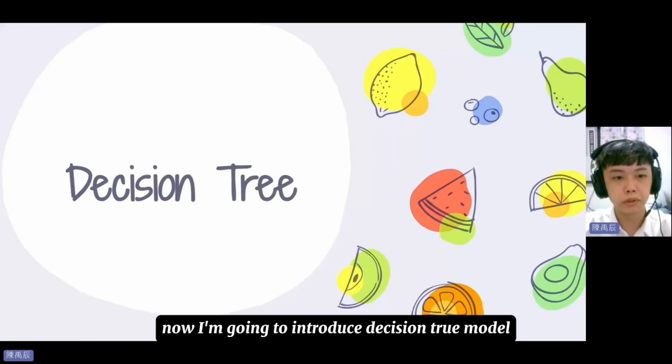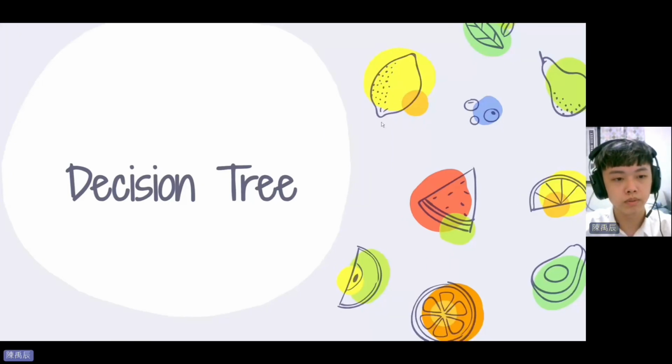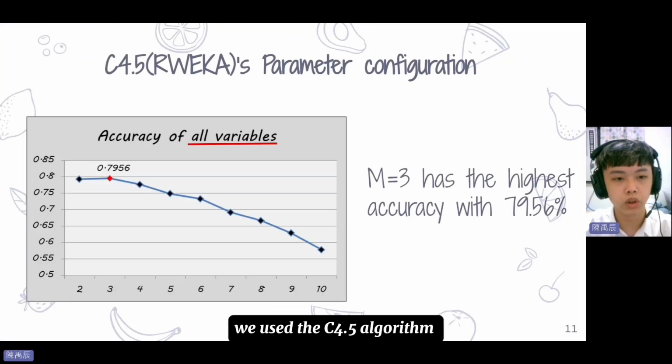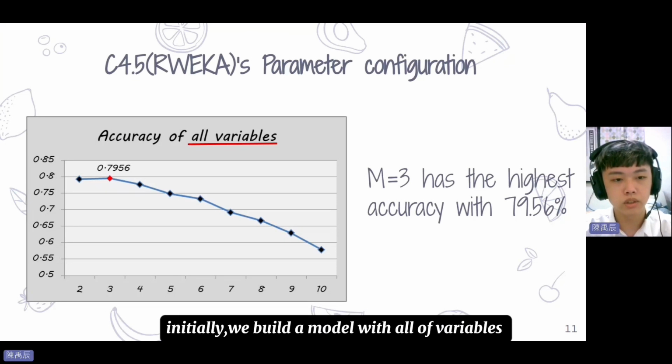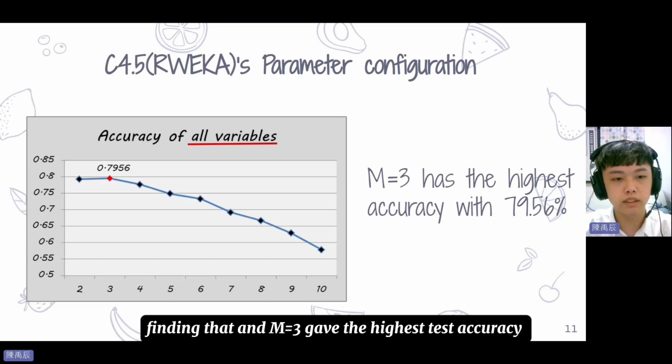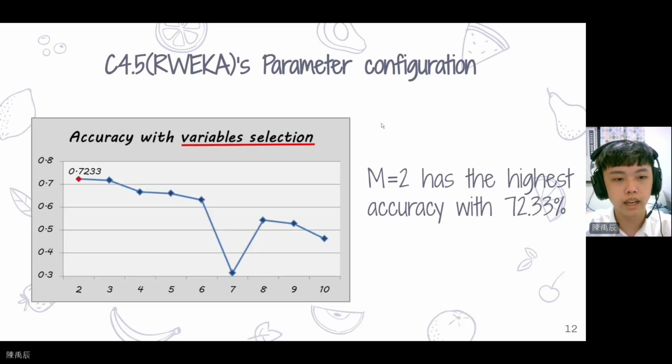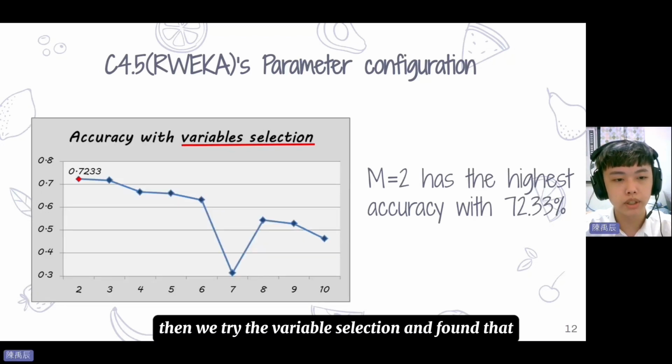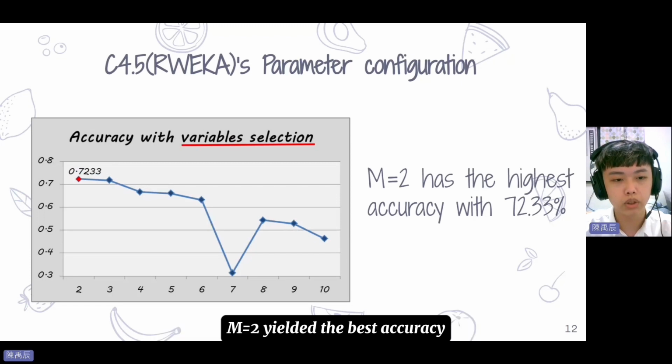Now I'm going to introduce the decision tree model. We use the C50 algorithm to find the best parameters. Initially, we build a model with all variables, finding that n equals 3 gets the highest test accuracy. Then, we tried the variable selection and found that n equals 2 yields the best accuracy.